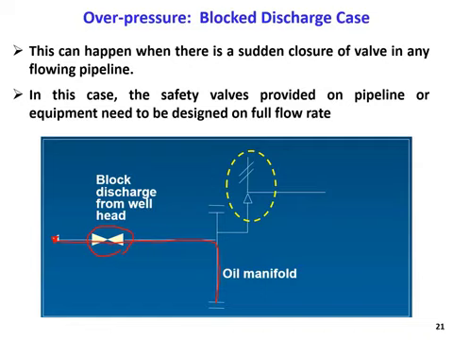They can be blocked with some solid particles, they can be blocked because of corrosion. It can have different reasons, but if this happens and we have a blockage in this valve, there will be no flow through this pipe. So the pressure here will accumulate and we have to release it.